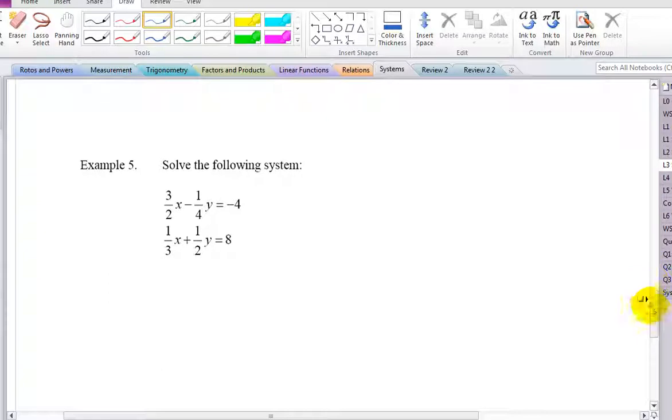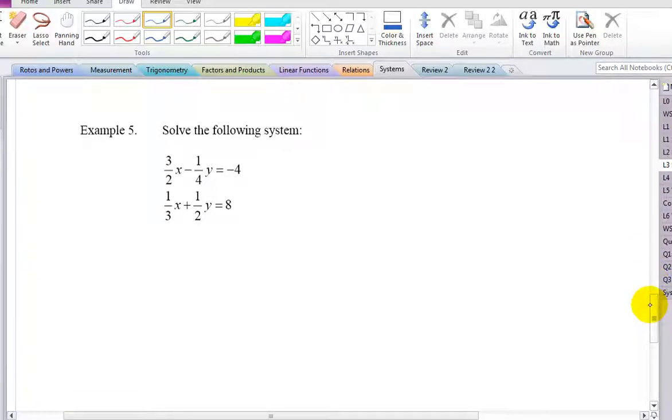Okay, it's easy. Get rid of the fractions. So what number can we multiply to get rid of the denominators of 2 and 4? 2 will only work for the first one, not the second one. 4 will work. Sometimes it's one of the numbers. So you multiply in and cancel.